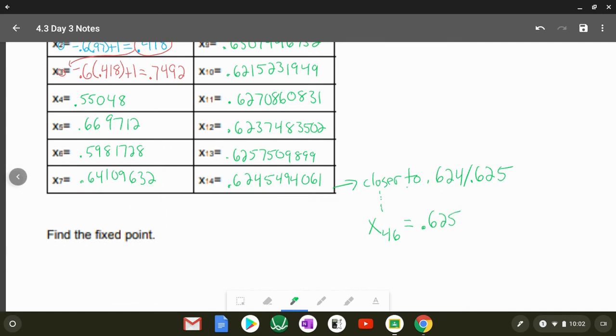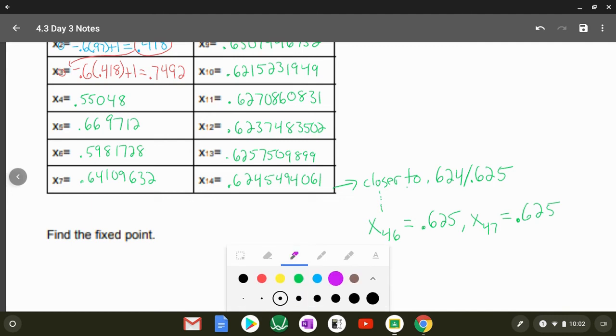And then once I hit enter again, the 47th iteration would also be 0.625. Well, what does this mean? If I hit enter again and do the 48th iteration, that means that my input would match the output, right? So the input for the 47th iteration matches the output for the 47th iteration, right?